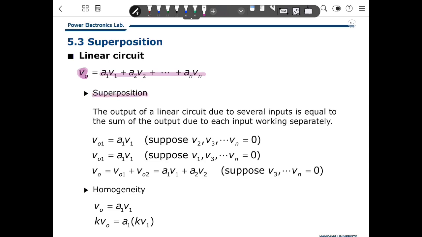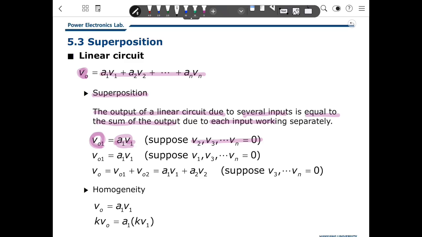What's the meaning of that? The output of a linear circuit due to several inputs is equal to the sum of the outputs due to each input working separately. That means if only V1 exists and the other input value is 0, then the result will be VO1 here.